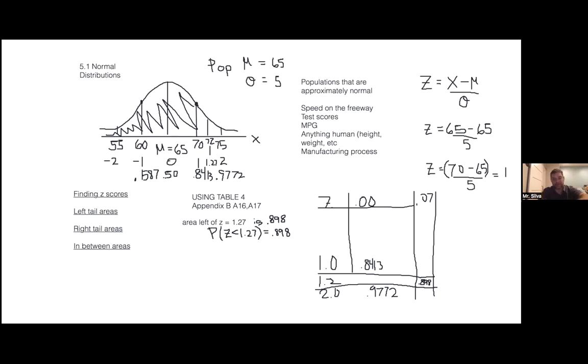Let's do area left of Z equals negative 0.68. Go ahead to your table. Again, you should be able to flip back to your table real quick. If you bookmark, I just fold over the top corner of the page. Look up Z equals negative 0.68.